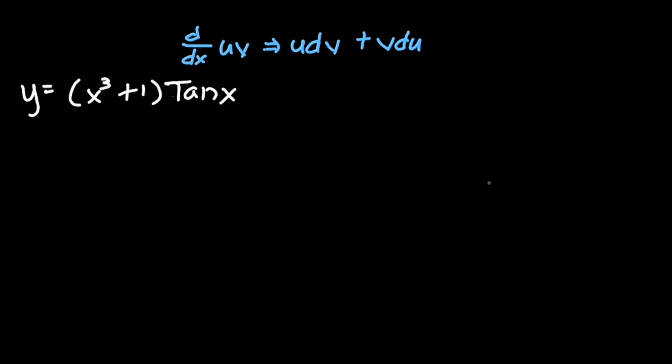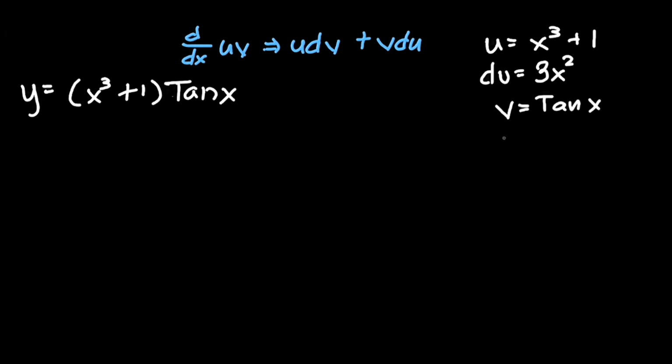Let's solve this. x cubed plus 1 multiplied by tangent of x. U here would be x cubed plus 1, and the derivative of x cubed plus 1 would be 3x squared. V would be tangent of x, and the derivative of tangent of x would be secant squared of x.